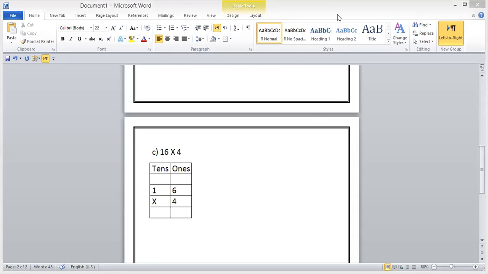Yes, guys, 6 multiplied by 4 equals to what? 24. 6 multiplied by 4 equals to 24. 24, 4 you will write here and carry 2 up. Now, 4 multiplied by 1 equals to?